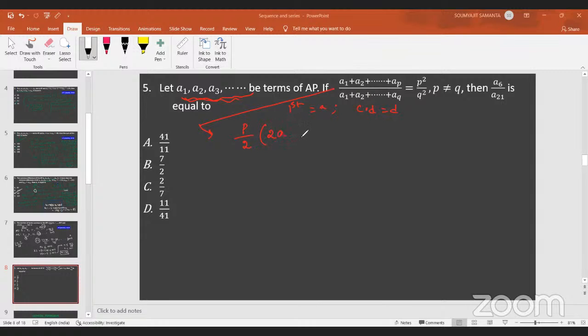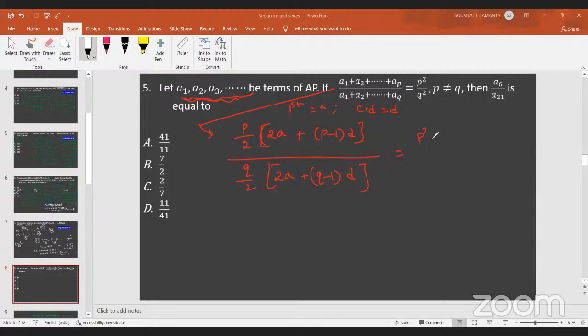P by 2 into 2A plus P minus 1 into D. Yes or no? Yes, sir. This will become Q by 2 into 2A plus Q minus 1 into D. Why? Because the AP is the same, so the common difference and the first term will always be the same.